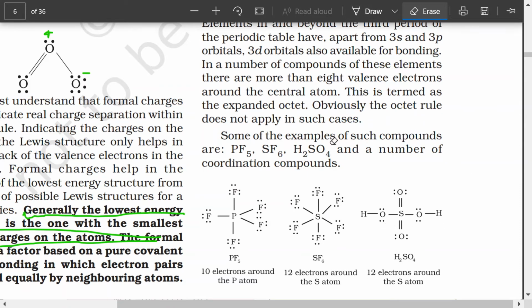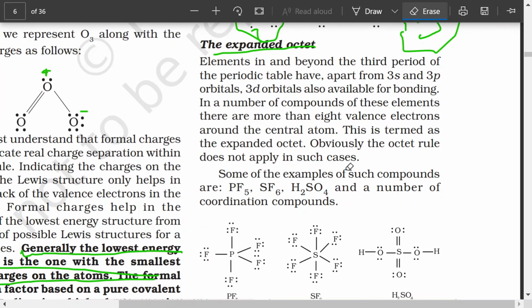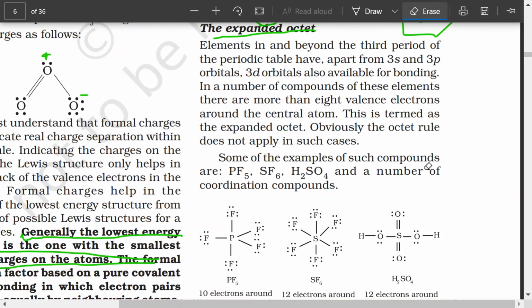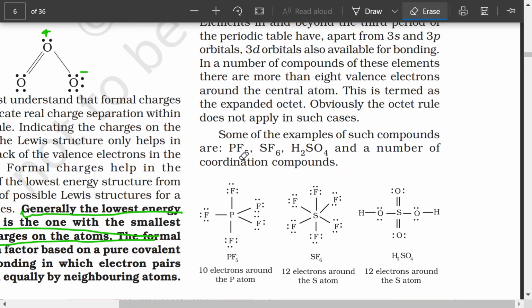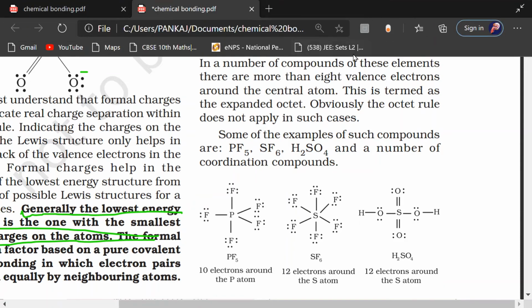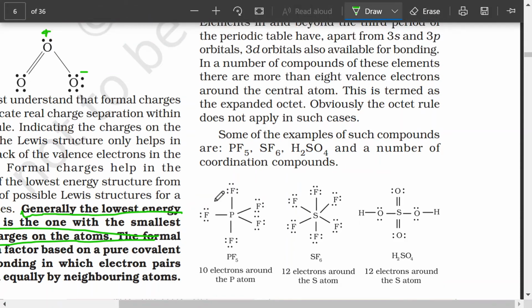Yeah. So let us go forward. This is termed as expanded octet. Obviously, the octet rule does not apply in such cases. If you take the example of PF5, SF6, H2SO4, the number of coordinate compounds. Now see this case, PF5.